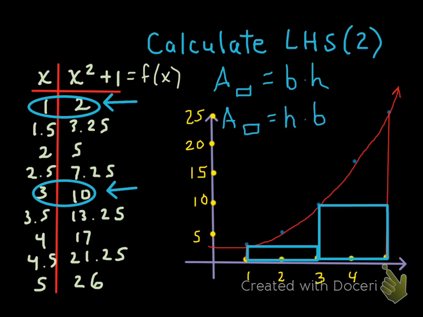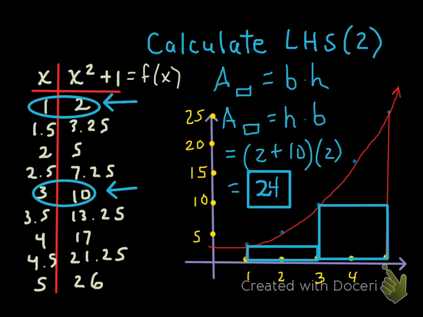You know, 2 times 5 is the same as 5 times 2, so I can switch the order here. It's just going to align better with our integral notation in the end. So I see here the heights of my 2 rectangles are 2 and 10, while the base of each rectangle has a length of 2. Do the math and I get 24 as a left-hand sum with 2 intervals.